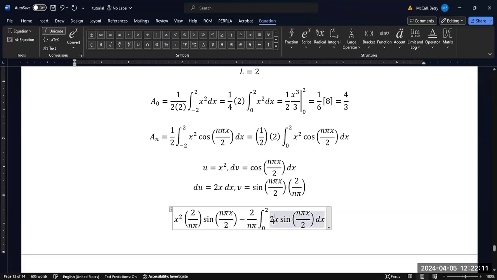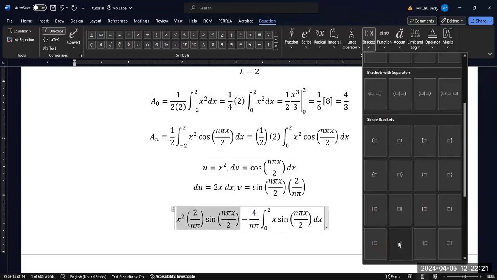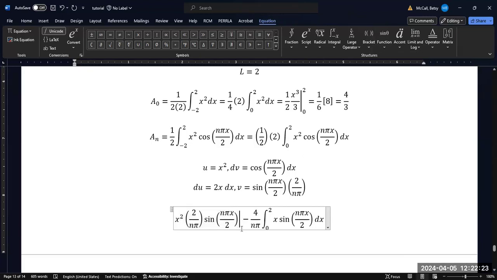And again, the 2 I could pull out and I could make that 4. And of course, on this one, we are technically evaluating between 0 and 2.